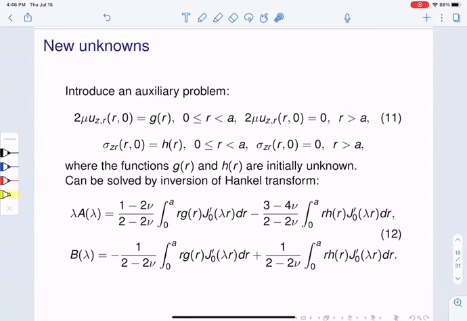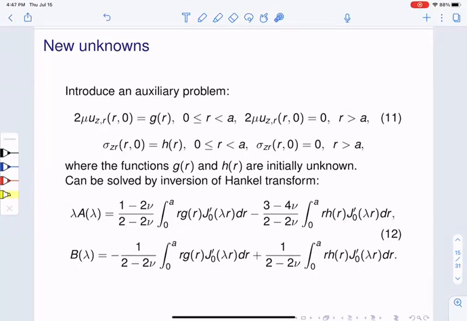To find these functions, I substitute these representations into my boundary conditions, now only on the inside of the crack. The outside part is satisfied automatically at this point, since these conditions are the same as for my penny-shaped crack problem.